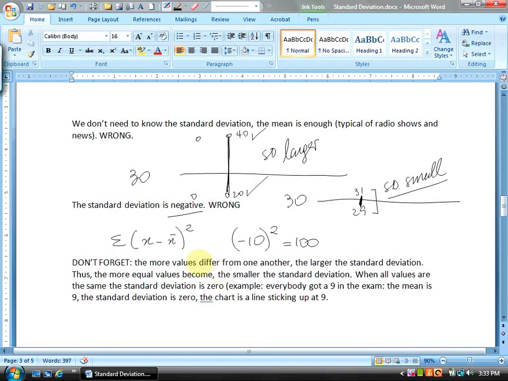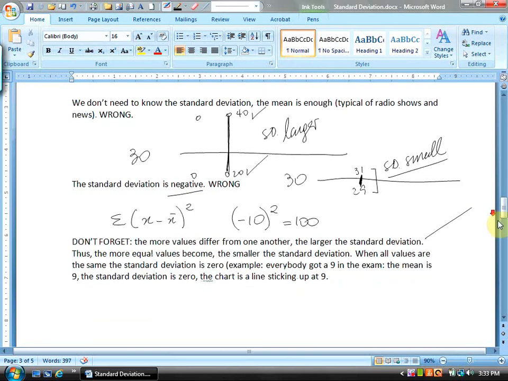What you need to keep in mind is that the more the values differ from one another, the larger the standard deviation. The more equal they become, the smaller the standard deviation. When all the values are the same, then the standard deviation is 0.